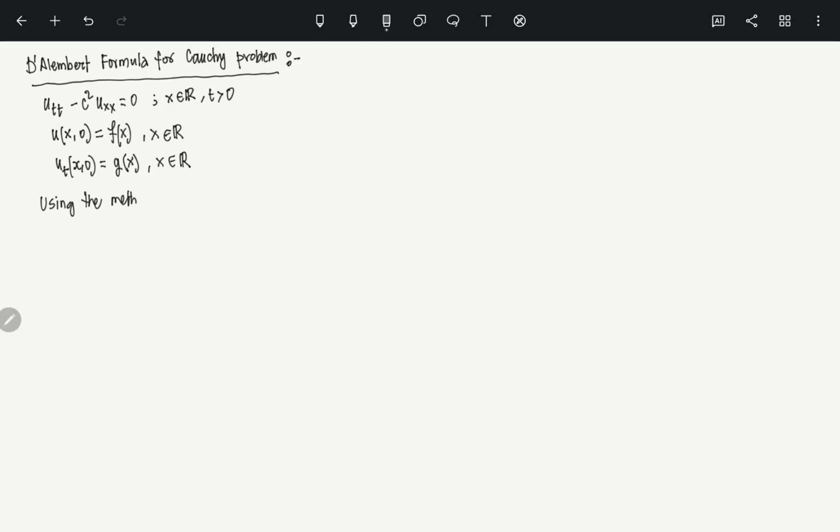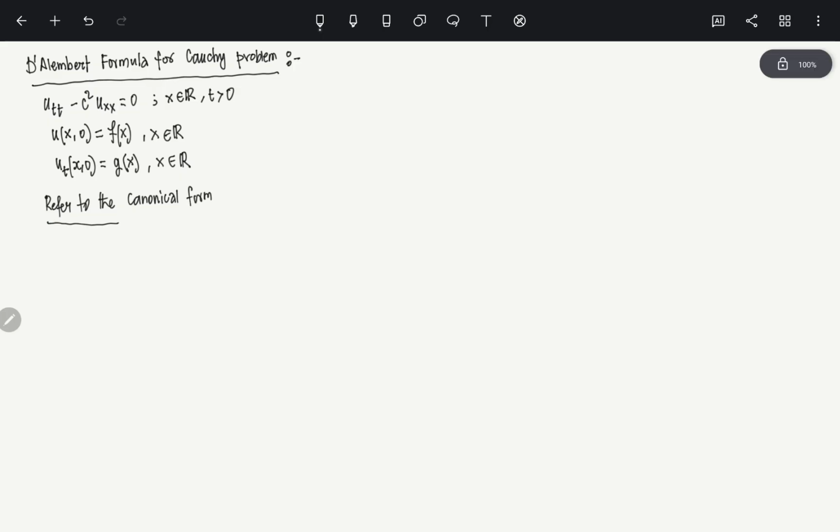Essentially the canonical form; let me refer to the canonical form video. As you can see, this is the second canonical form for a hyperbolic equation. The other canonical form looks like u_xt, the higher order term, plus some lower order terms. That is the first one. So we want to put it in that form. Let's see.